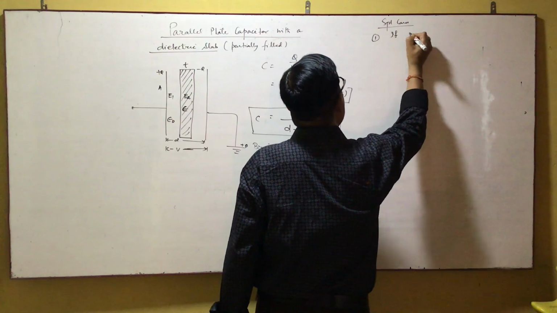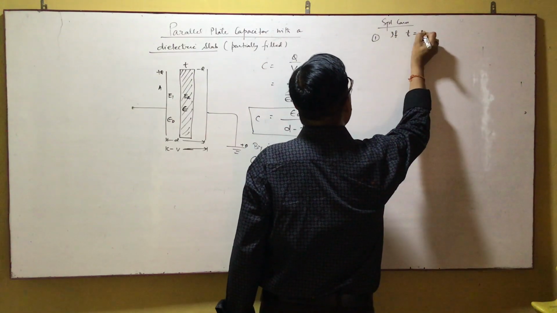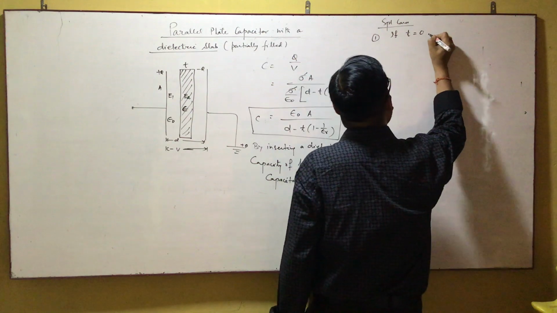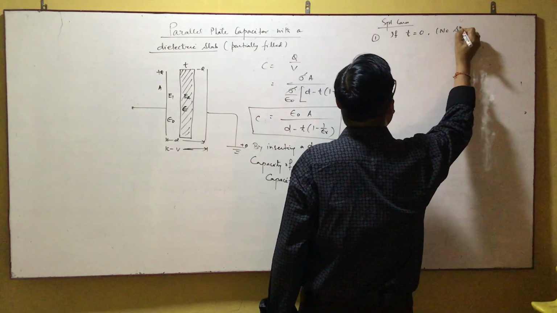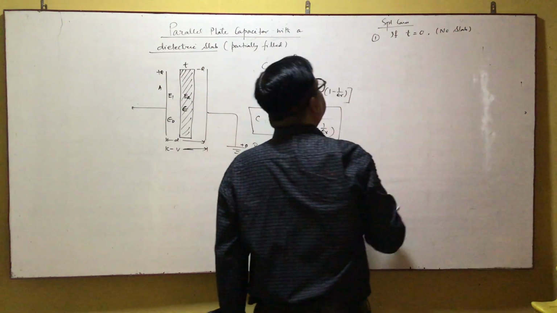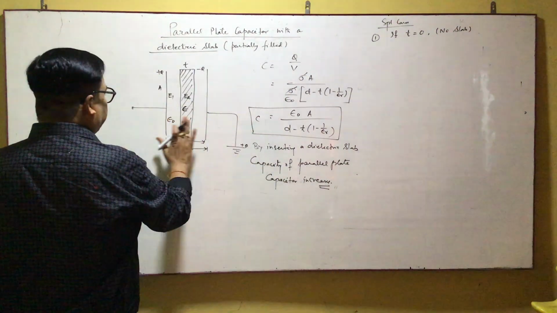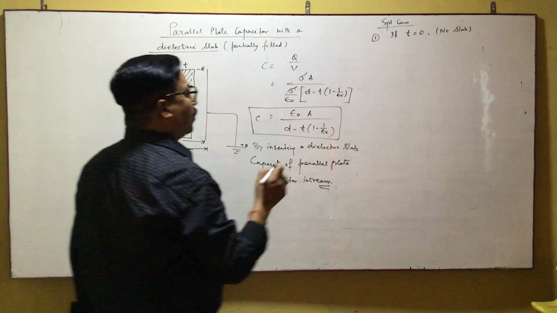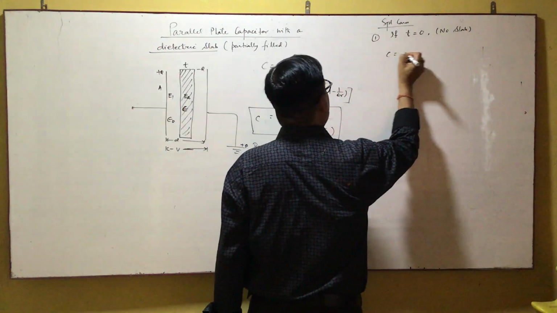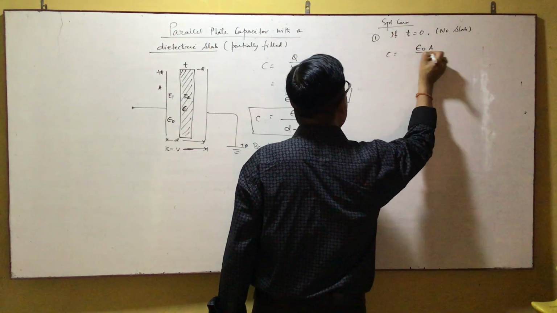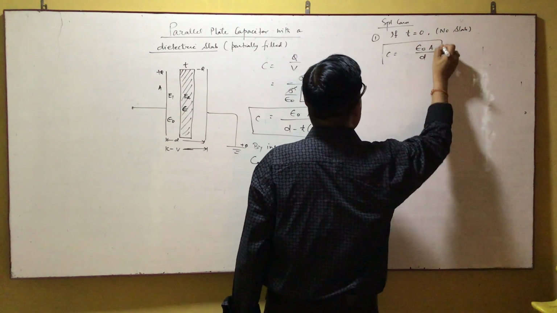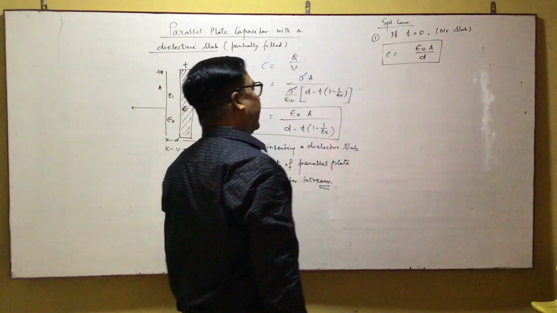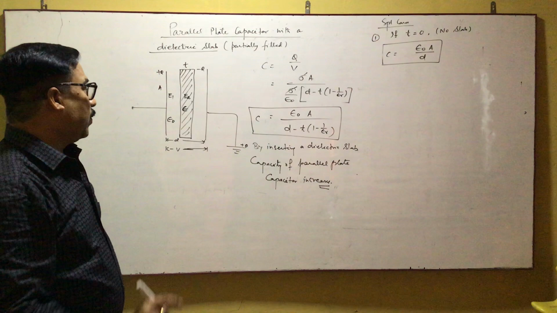If T is equal to 0, means no slab, means the total space is occupied by only air. So by simply putting T equal to 0, we can write C is equal to epsilon naught A by D. So this is the same as we have already derived in the previous video.